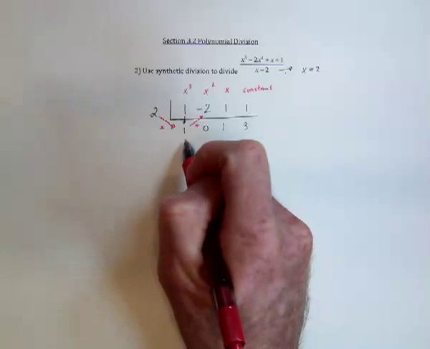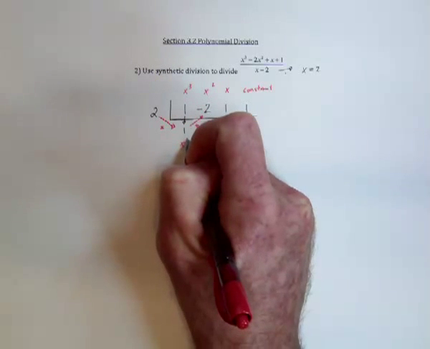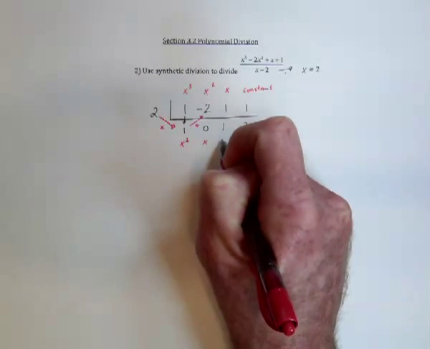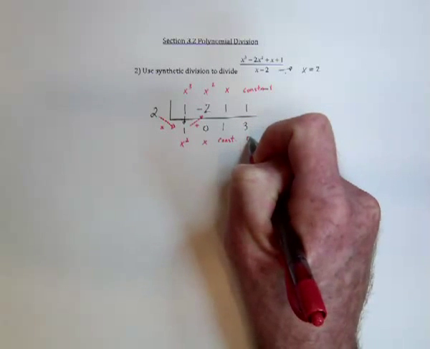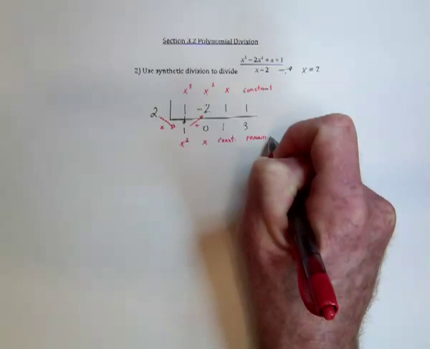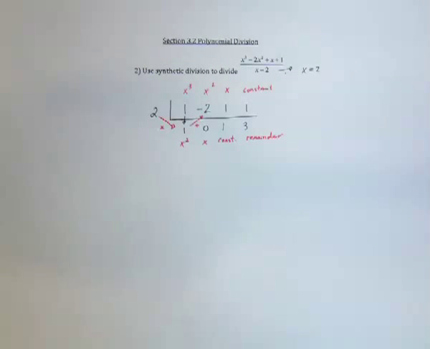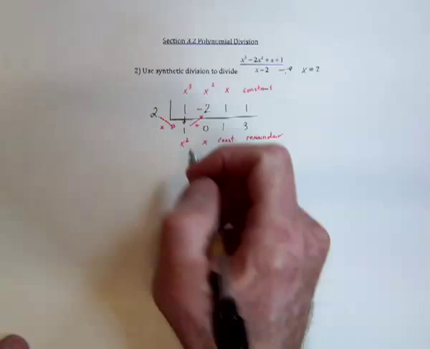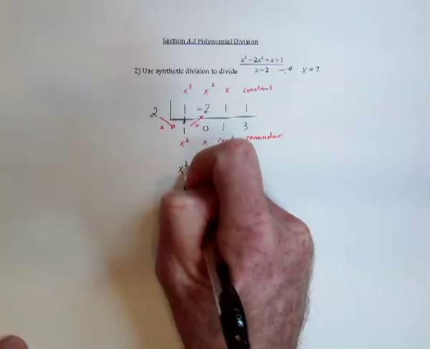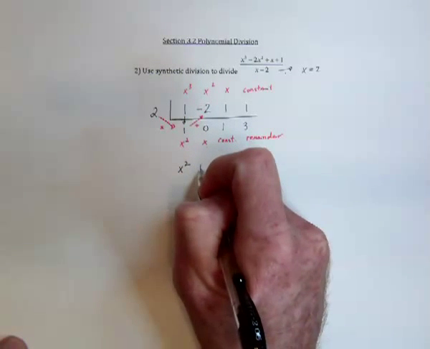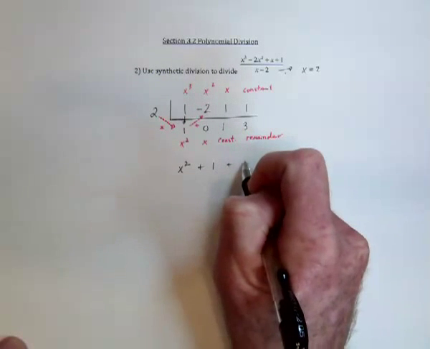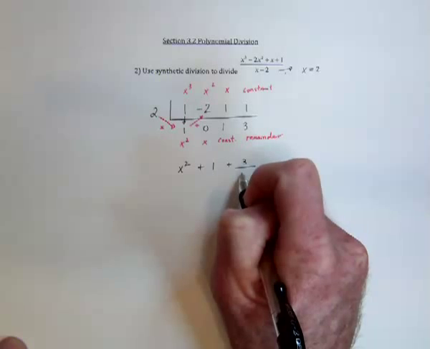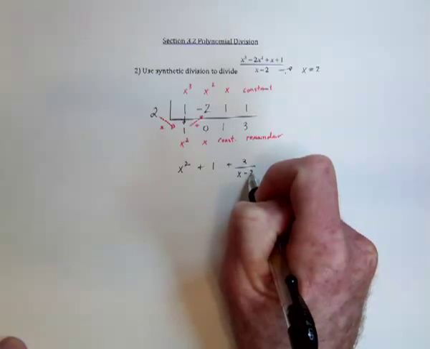So this is going to be for x squared, this is going to be for x, this will be for the constant, and this will be for the remainder. So that is a 1 times x squared, a 0 times x, a 1 is the constant, and the remainder of 3. So it's a 3 divided by the original divisor, x minus 2.